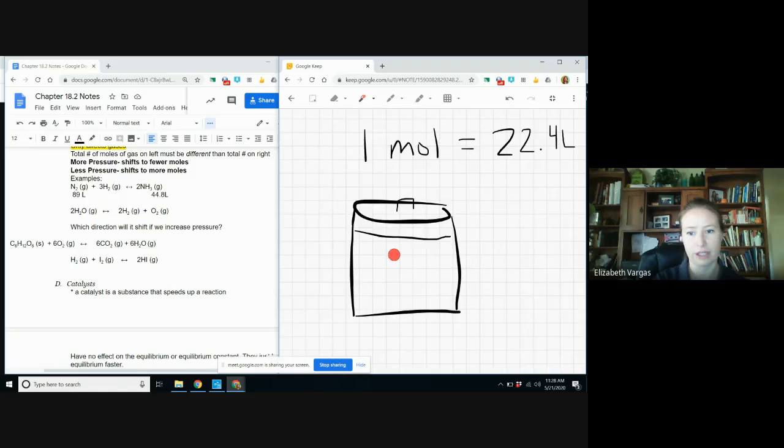Here's my oxygen. So there's my water in the gas phase, and then we're going to have to make the hydrogens blue and just a little smaller. Let's see if I can do it. Pretend that's touching.